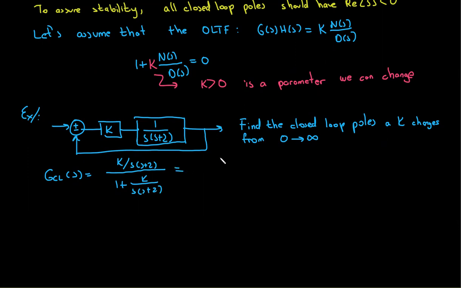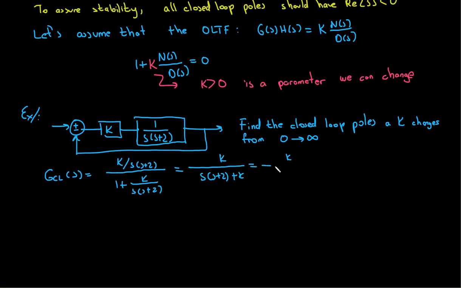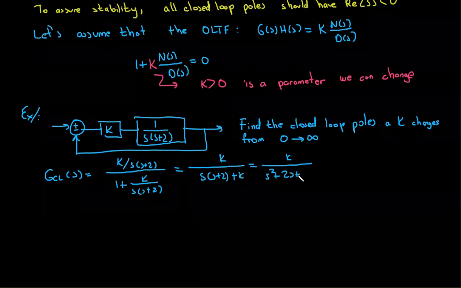And that is equal to simply K over S times S plus 2 plus K, which is equal to K over S squared plus 2S plus K. Okay. So this is our characteristic polynomial, right?